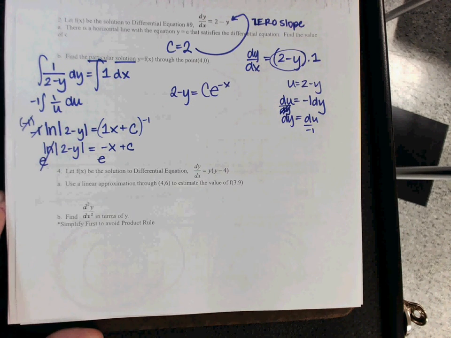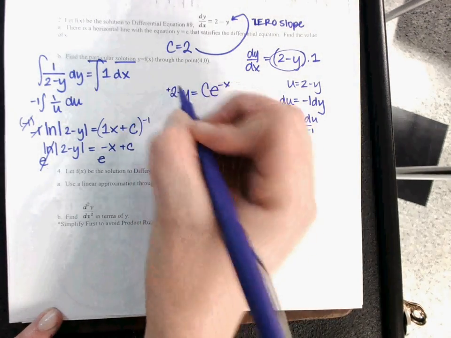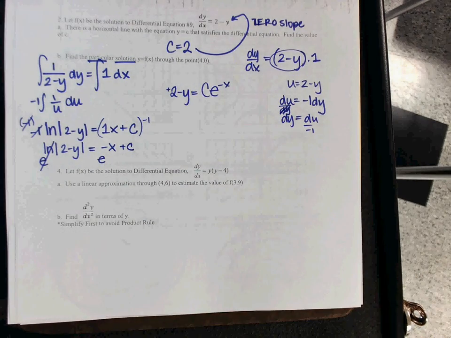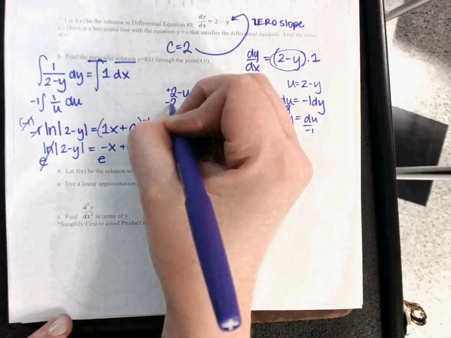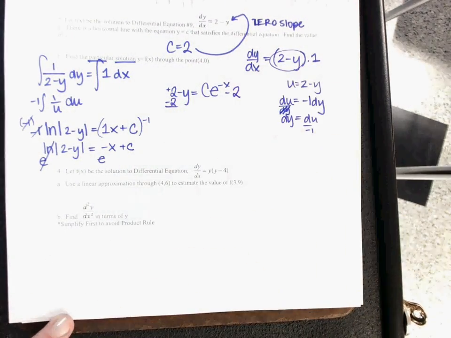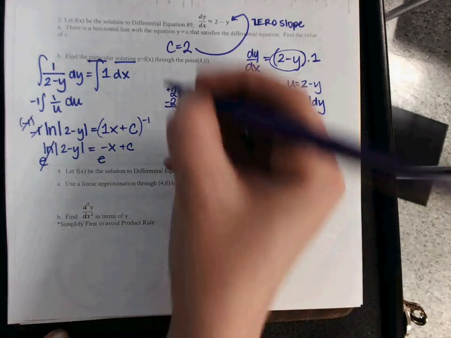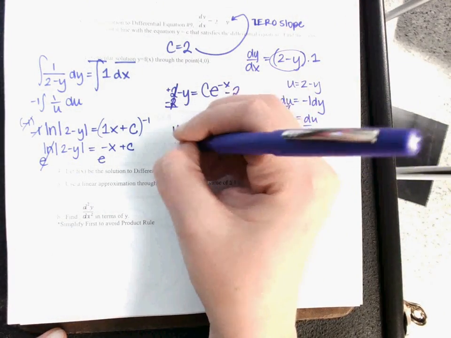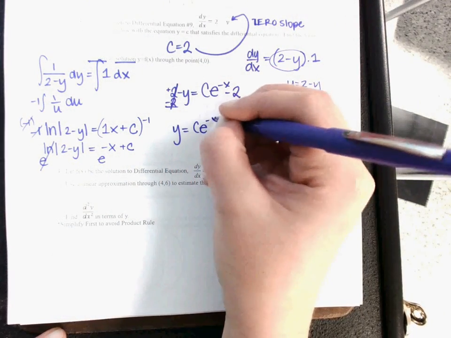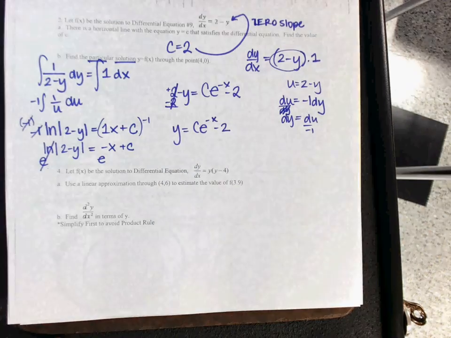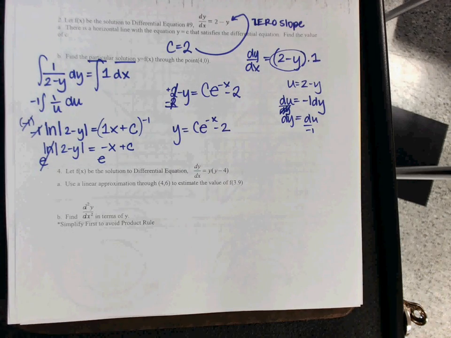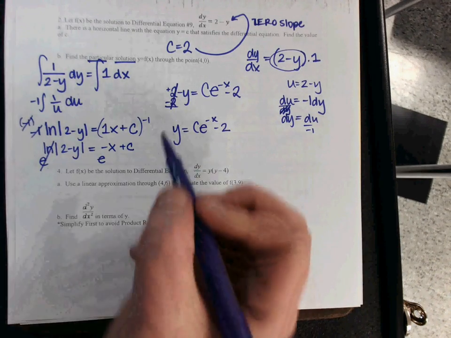What would you do from here to get rid of the 2? Do I plus it across? Okay, remember that 2 has a minus behind it, but that 2 is a positive 2. So to cancel it out, I'm going to have to minus it across. And then am I done? Why am I not done? Y is alone, right?